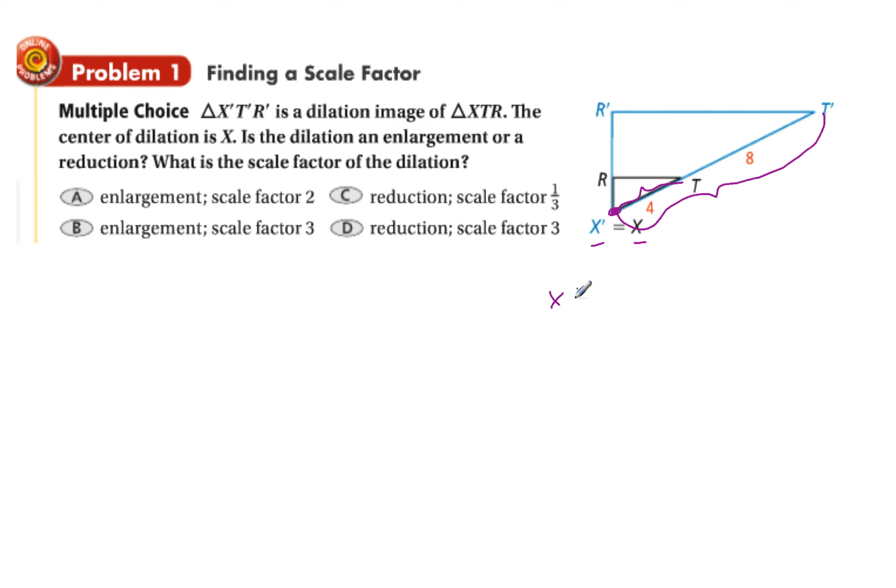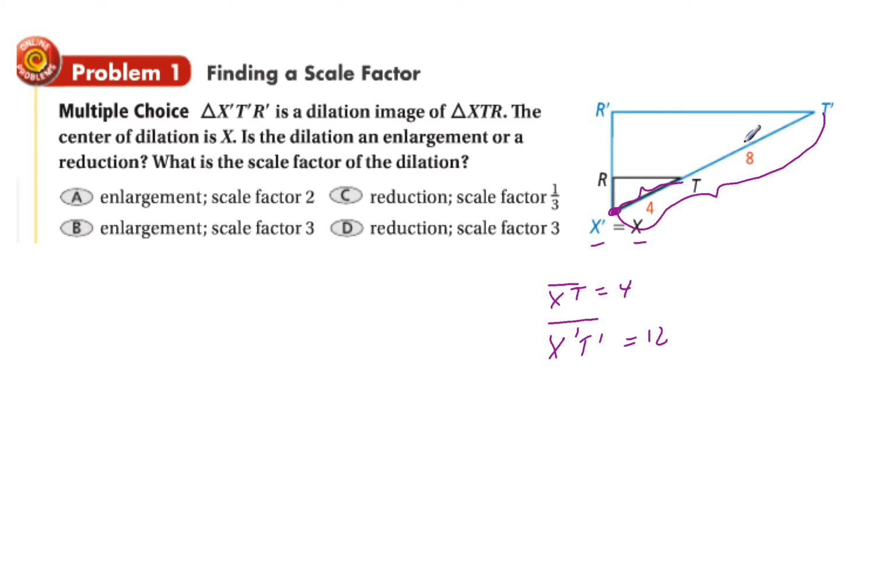So xt is equal to 4. X prime t prime is not 8. It's 4 plus 8, which is 12. Remember, x prime t prime is this whole thing right over here, which altogether is 12. So first of all, I'm going from the black to the blue.